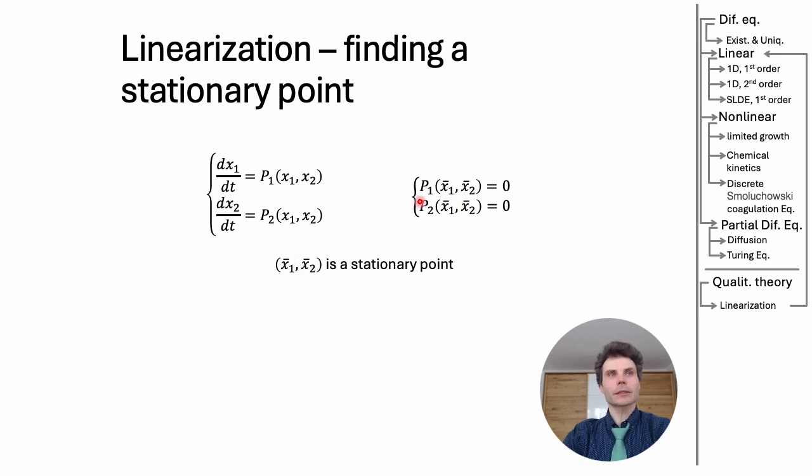If the system is positioned in this state, it's going to be a stationary state. It's not going to evolve. Now, let's linearize the functions p1 and p2 in the neighborhoods of these stationary points.